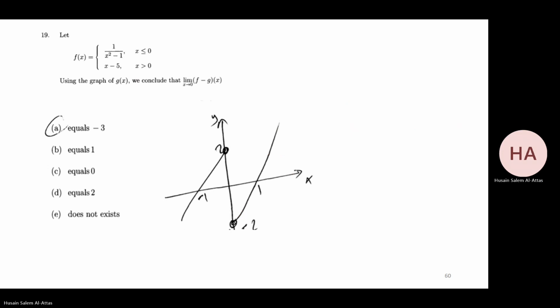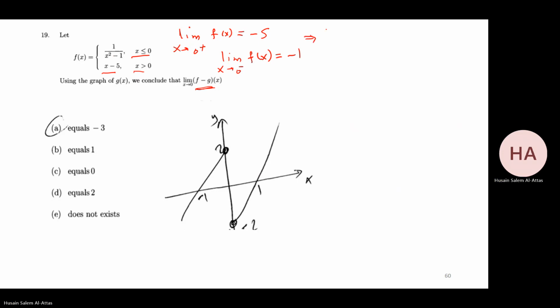Okay. Now we need to find the limit of this, but we notice the limit as x goes to 0 from the right for f of x is what? From the right, I'm here, so it will be -5. But the limit as x goes to 0 from the left, I'm here, so it will be -1.